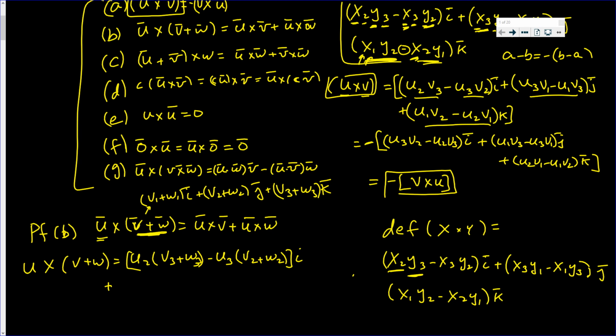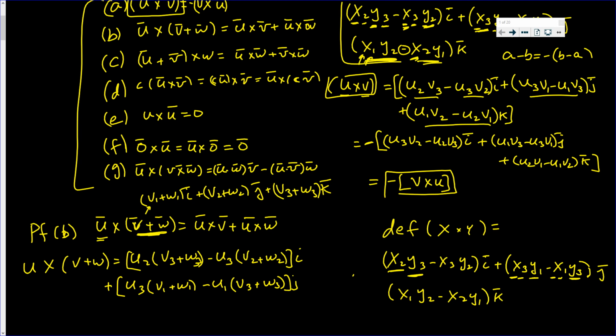And then we add on the j direction: first vector third component, that's U3, times the second vector first component, minus first vector first component, that's U1, times the second vector third component.